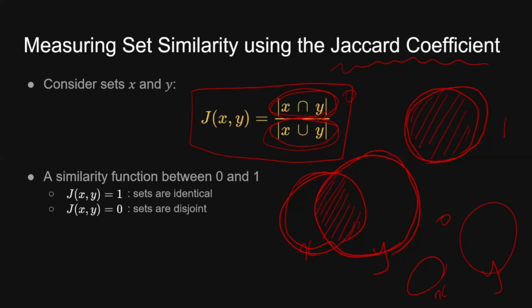In computer vision, for example, Jaccard coefficients are used to evaluate how accurate an object detection is. Let's say you have a problem of detecting a face in a photograph, and you have a ground truth label, which is a bounding box, and then you have the actual detection result.